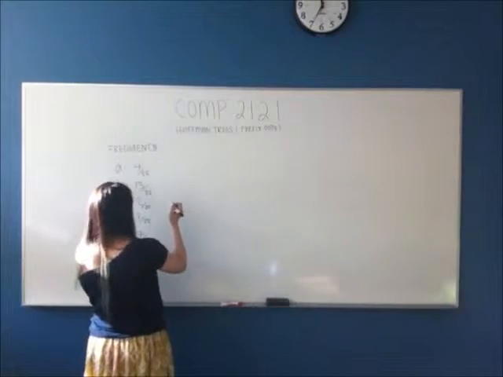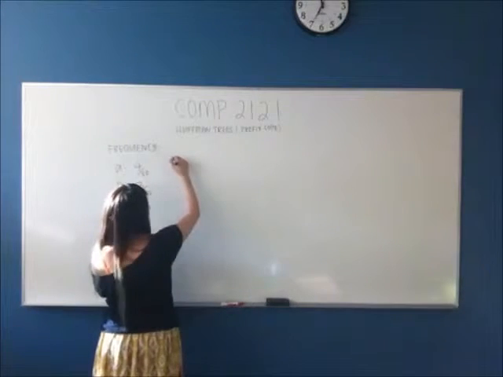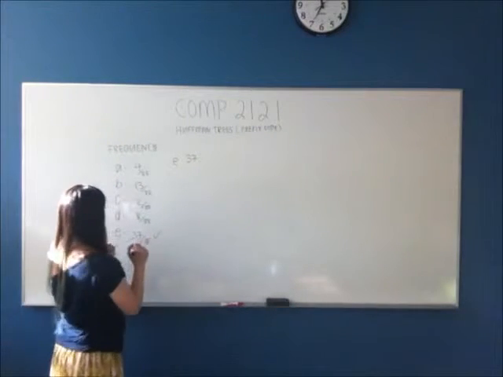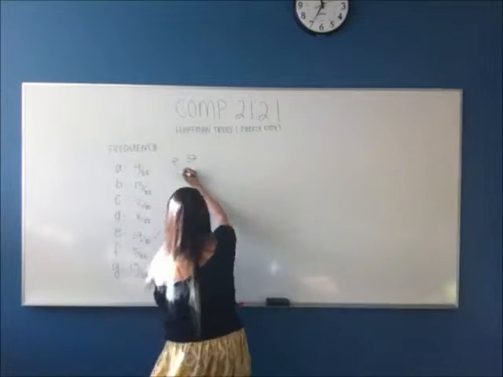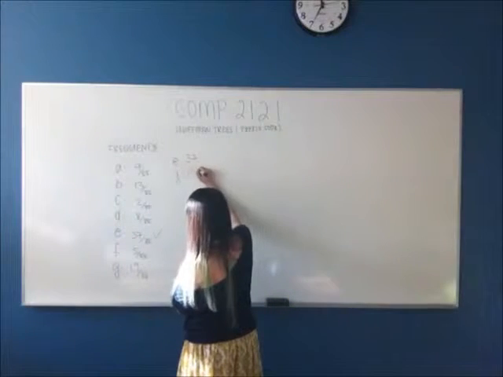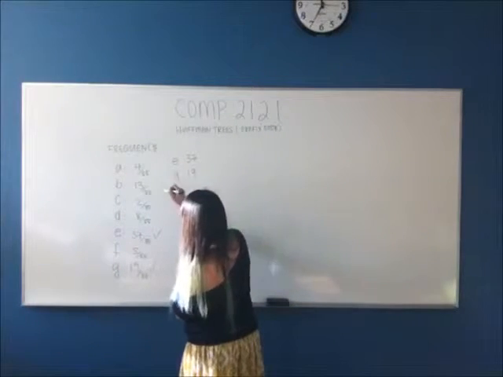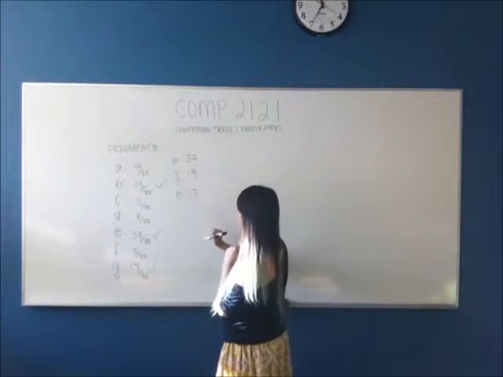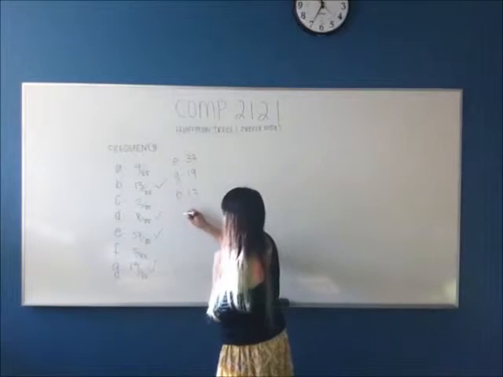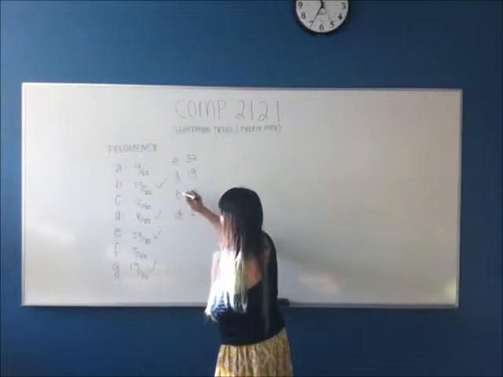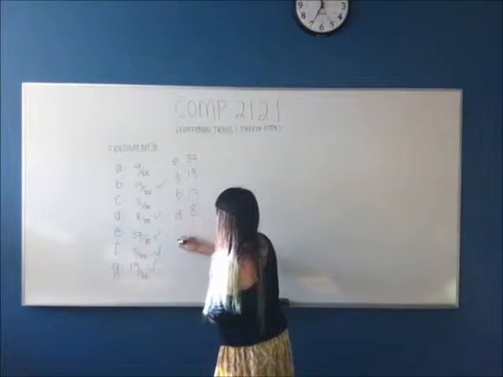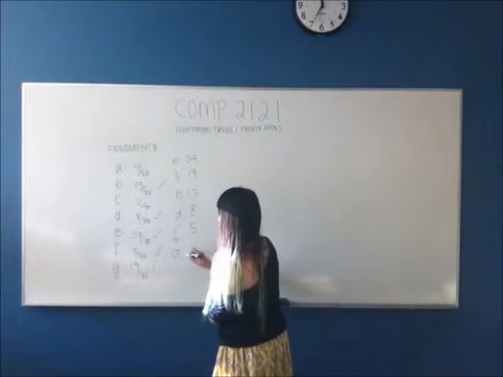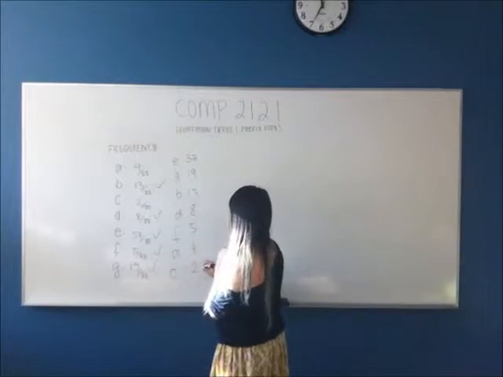And like before, we start with the biggest number, which is E at 37. Then G at 19. B at 13. D at 8. F at 5. A at 4, and C at 2.